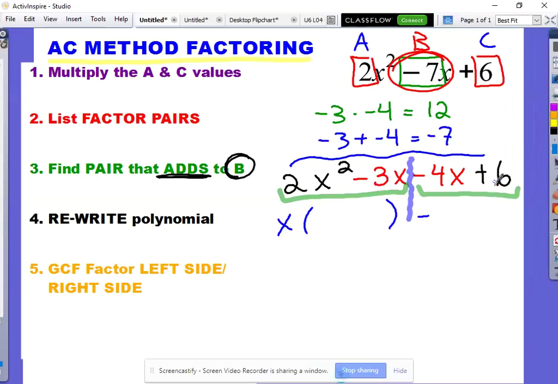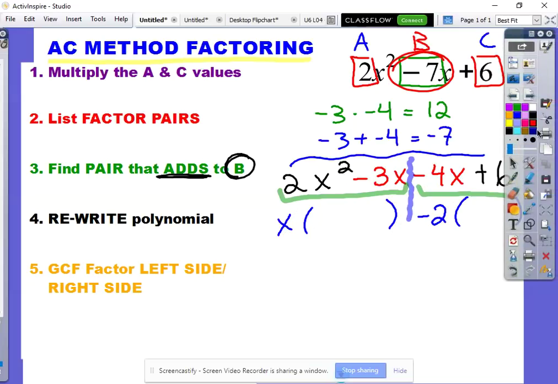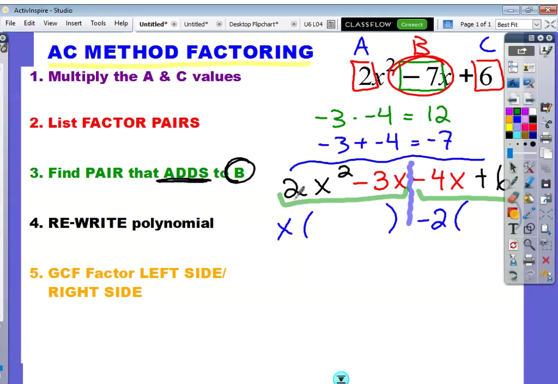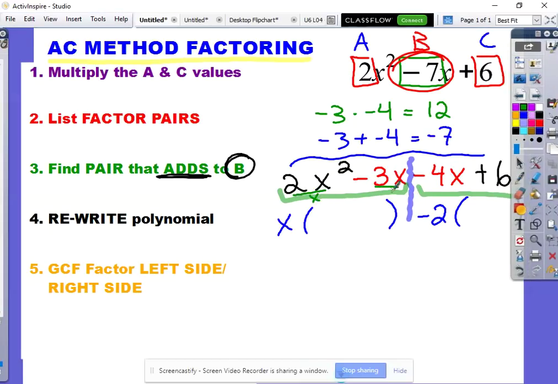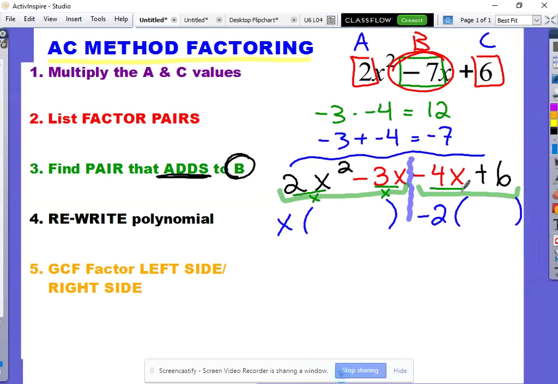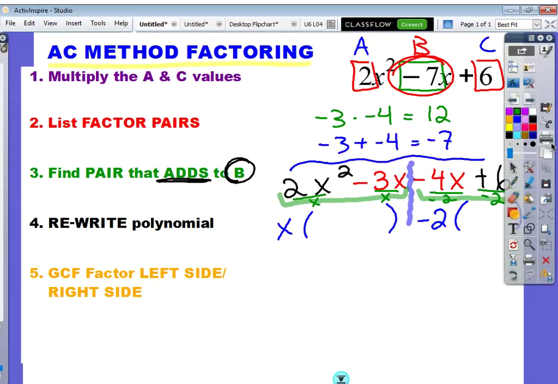Over here, what's our GCF of negative 4x and positive 6? Remember that we talked about if your first term is negative, your GCF has to be negative. And the only number that goes into both 4 and 6 is the number 2. Parentheses again. Now we actually divide. So if we divide by x, divide by x, divide by negative 2, divide by negative 2, what's left over?